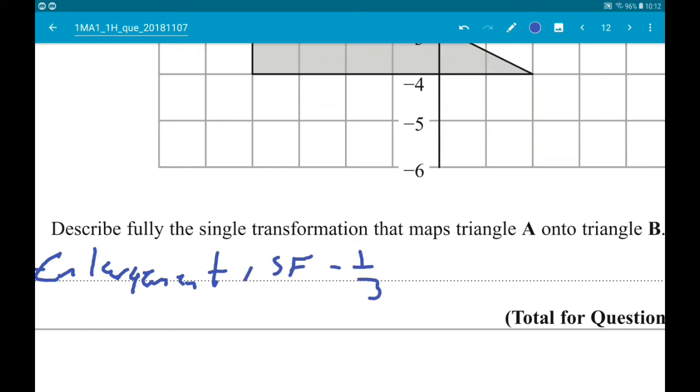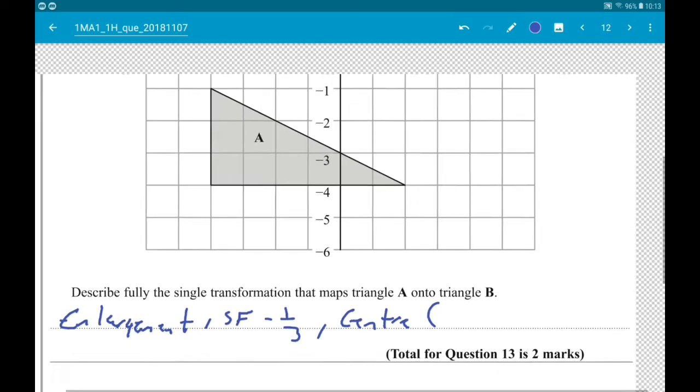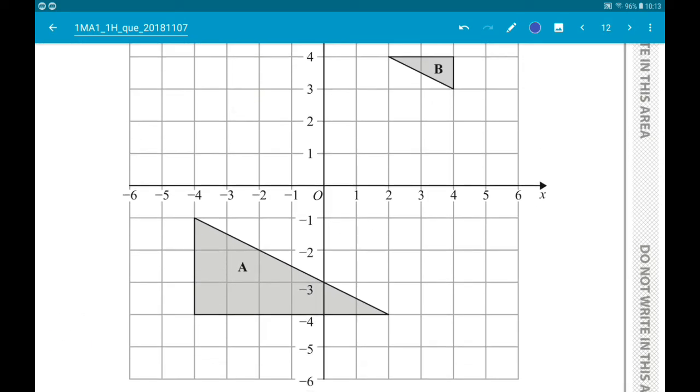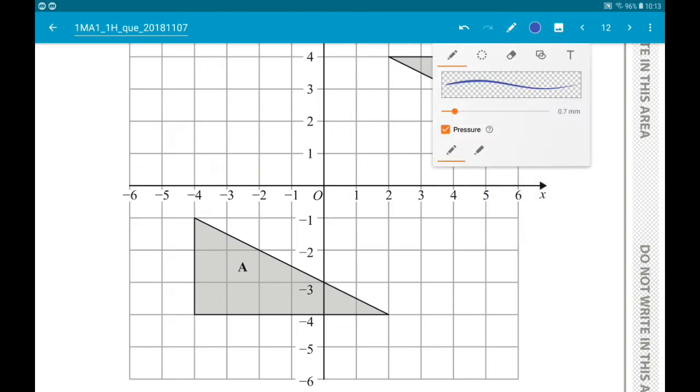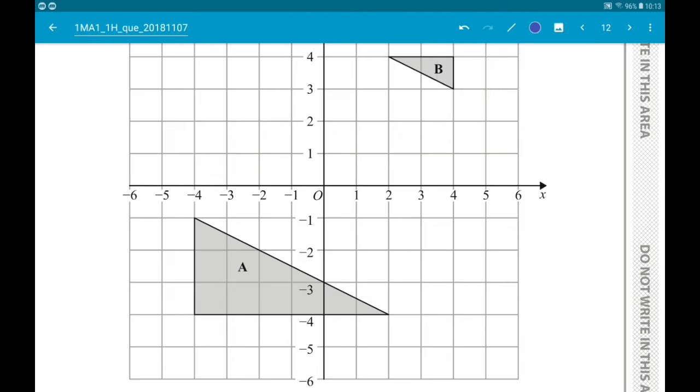Then we need to find the centre. So the point at which it's been enlarged with reference to. So to do that, we need to join up two pairs of corresponding points on these triangles.